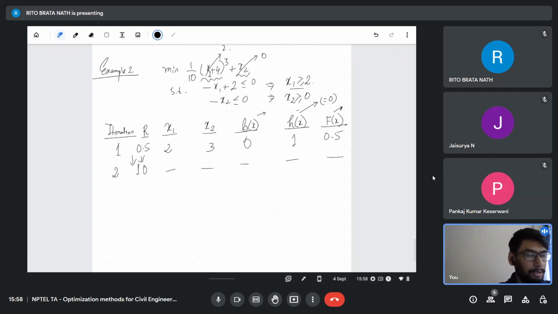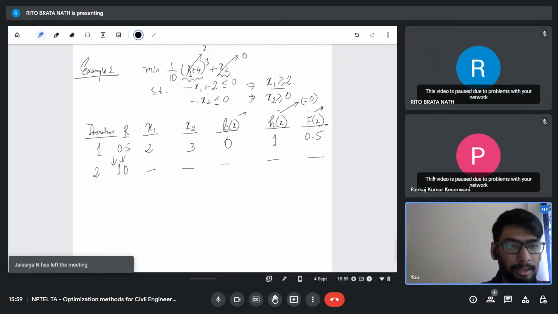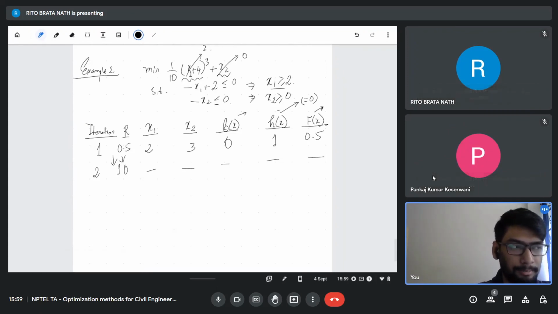I also wanted to ask, have you checked the assignment of this week, assignment 6? Were you able to notice if there were issues with some questions or not? I think there was one problem with an electrical circuit that was given.